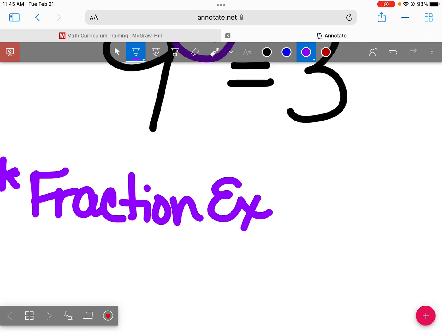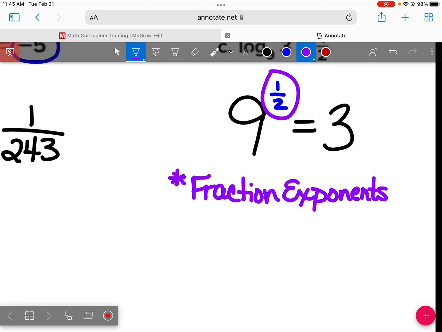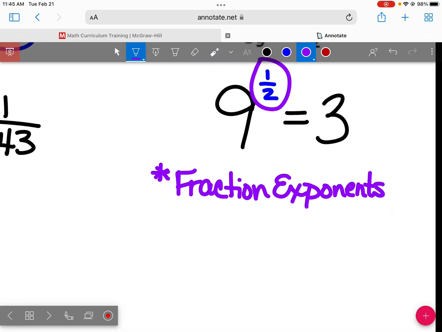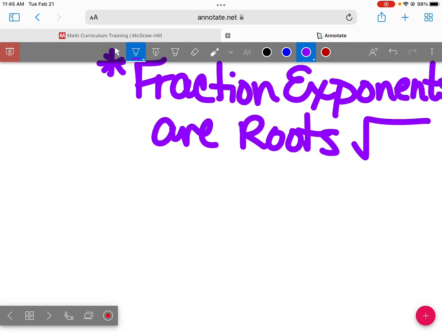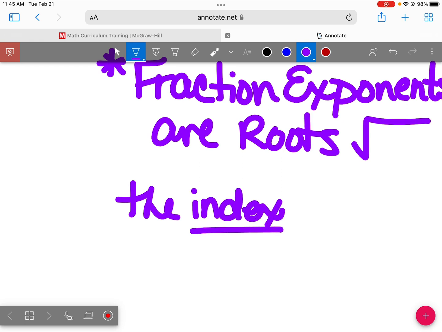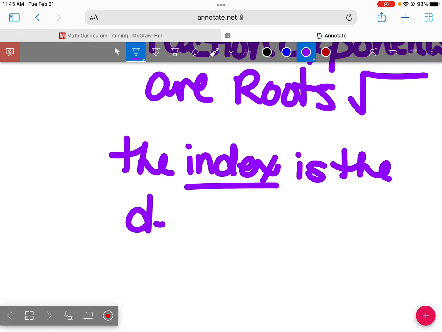Fraction exponents are roots. The index is the denominator of the fraction.